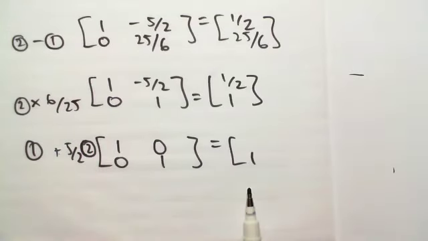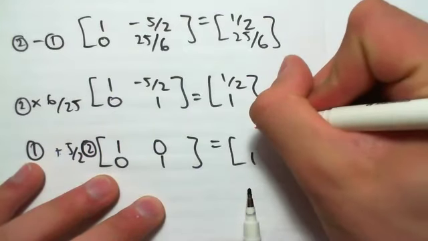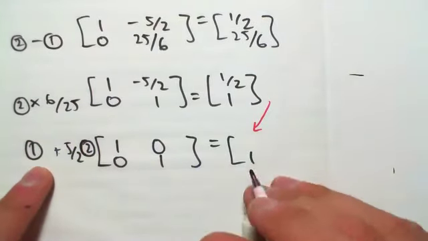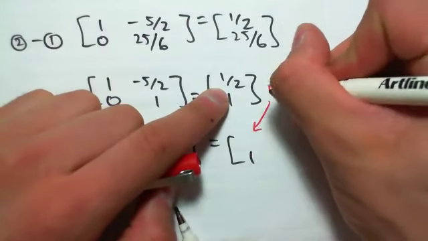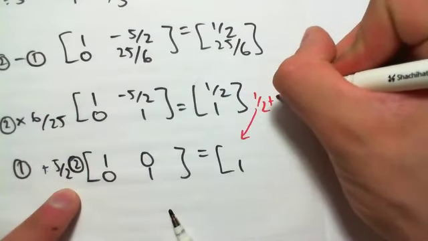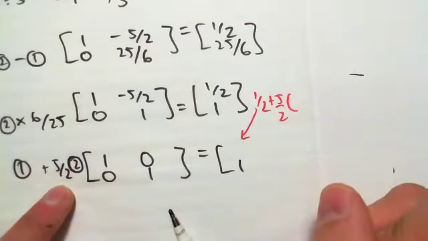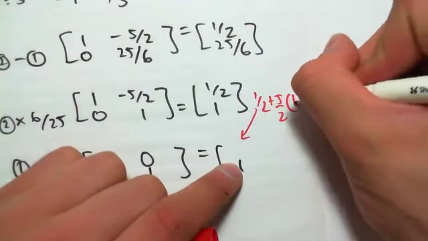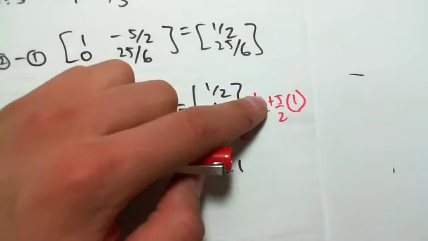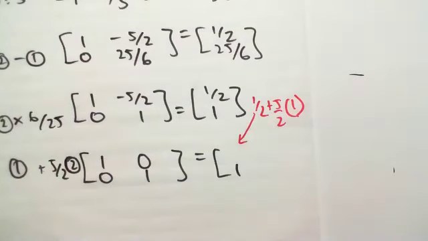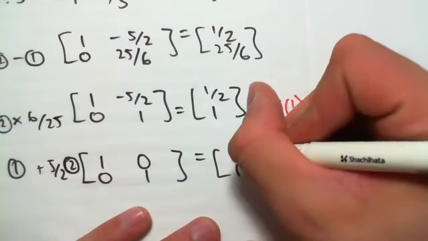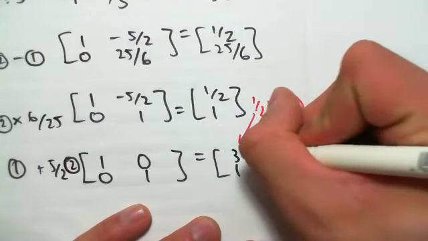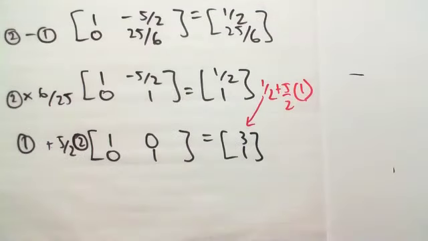So row 1, which currently is 1/2, plus 5 on 2 of row 2, which is 1. So we're going to be going 1/2 plus 5 on 2 times 1, which is 1/2 plus 5 on 2, which is the same as 3. So we've gotten to this stage here, which is what we want.